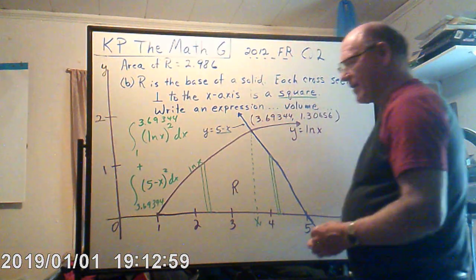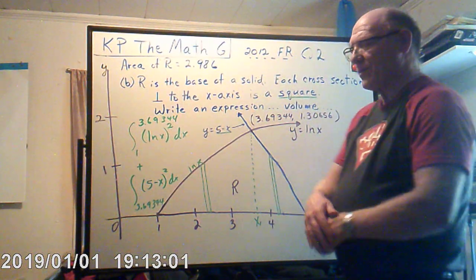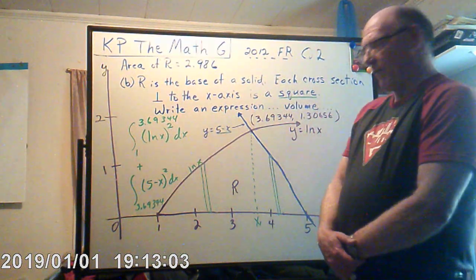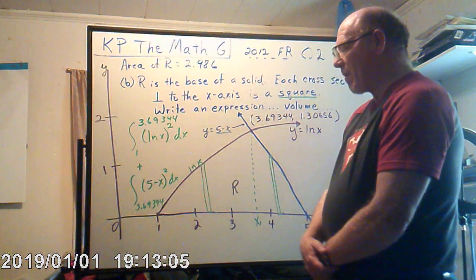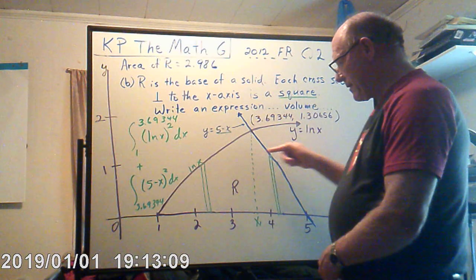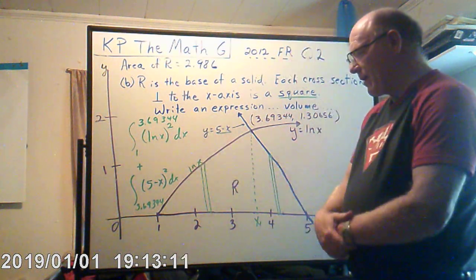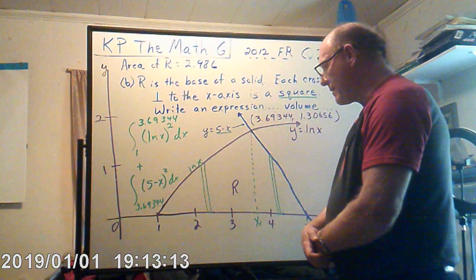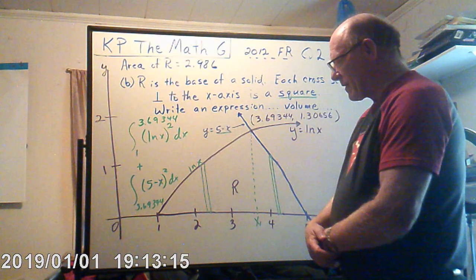It does say that it's perpendicular to the x-axis, so we have to write it this way. If it said it's perpendicular to the y-axis, we would have had to do it another way, a different method.